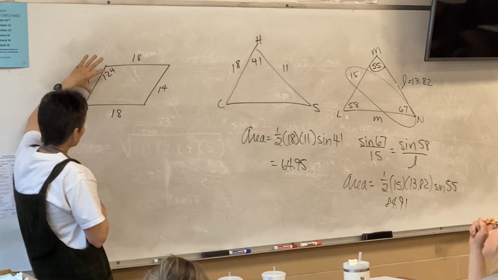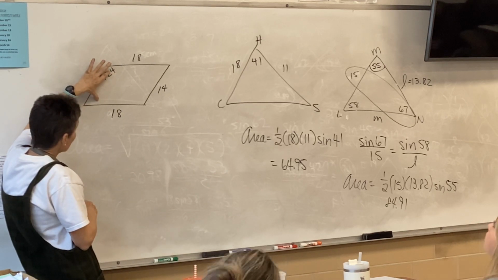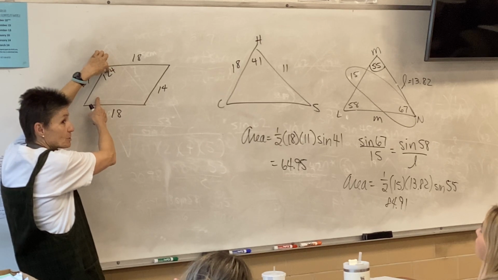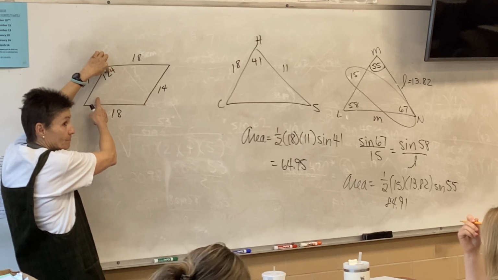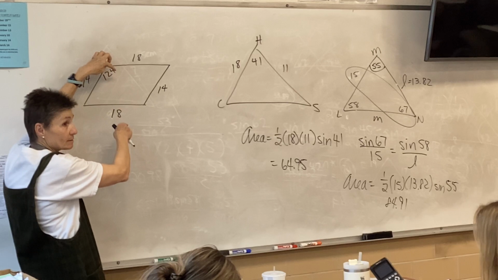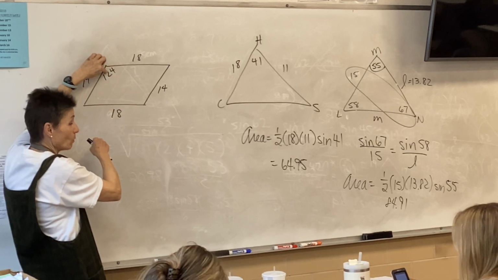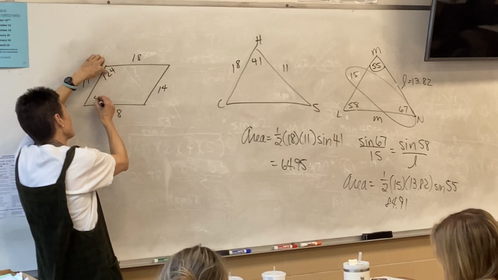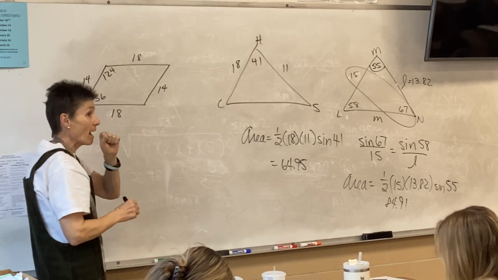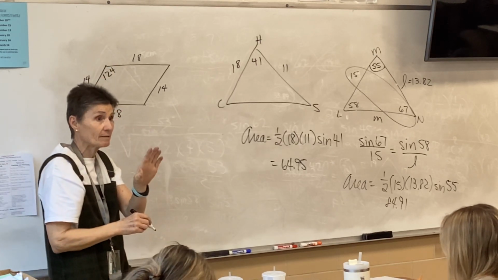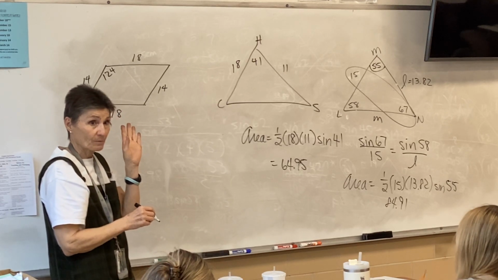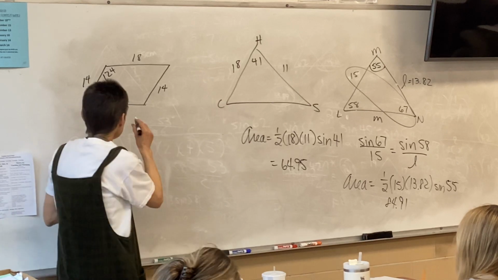In a parallelogram, these two angles always add up to 180. These are parallel lines. So if that's 124, I automatically know this one is 56. Now, I may or may not need that, but if I do, I have it.